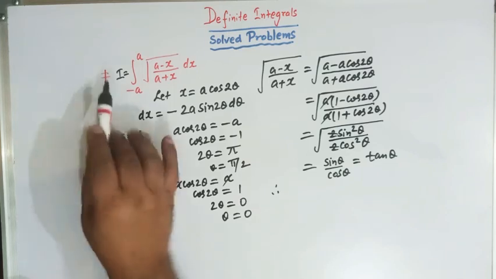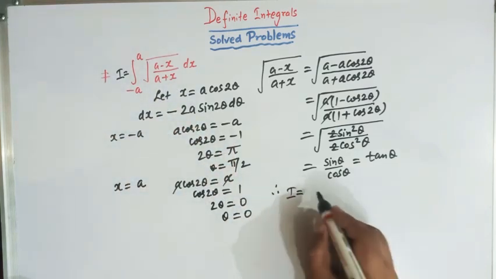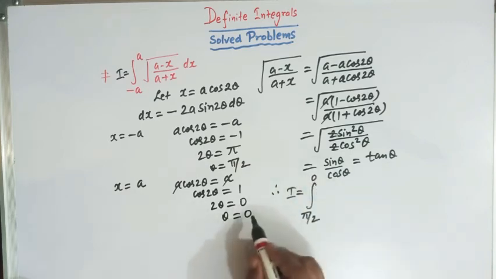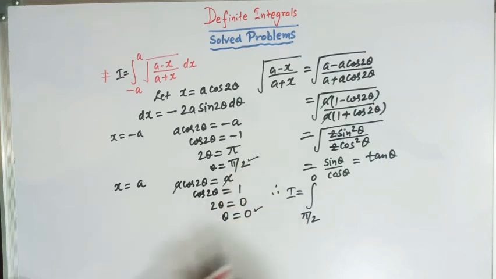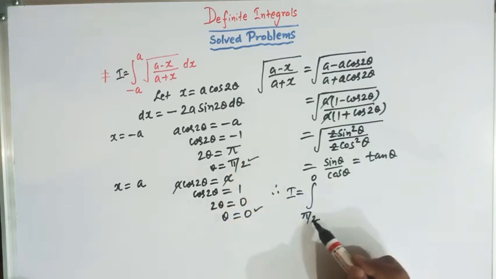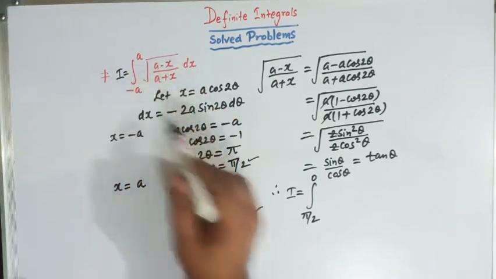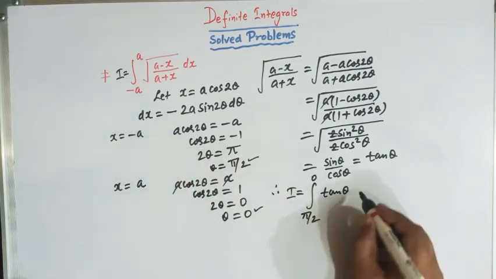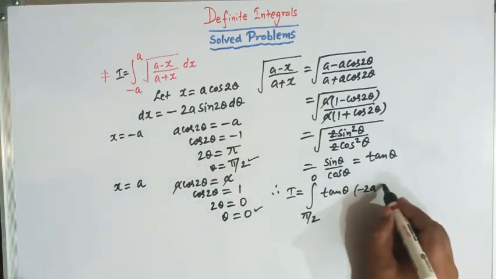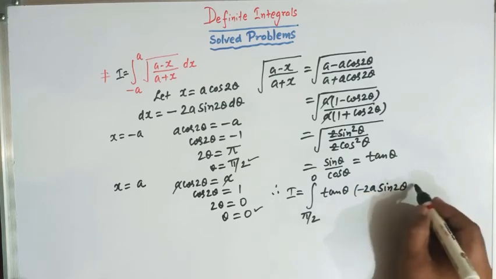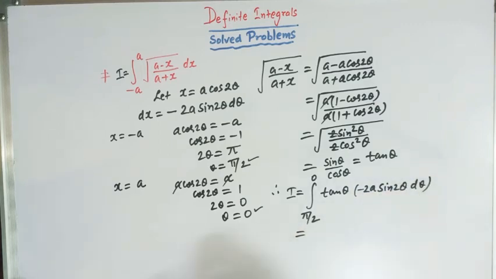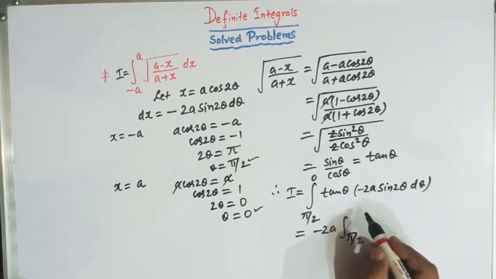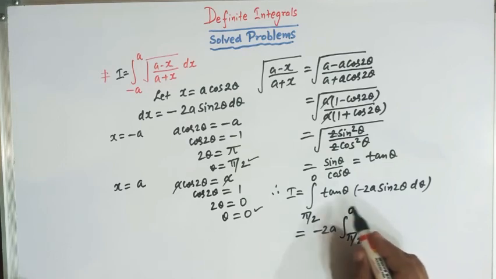So therefore this integral now becomes I equal to integral from π/2 to 0, and for this expression we have tan θ, and for dx we have −2a sin 2θ dθ. Now this is −2a, from π/2 to 0, and here we have tan θ.